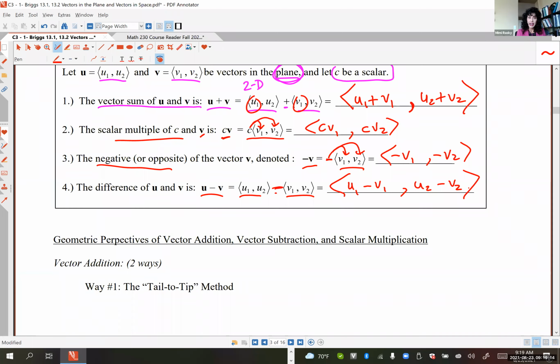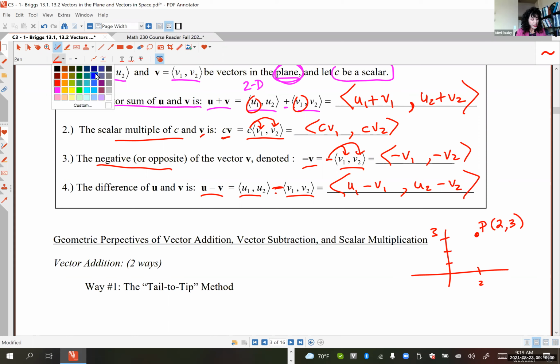Why is it confusing? Because in this class, the parentheses are going to be used to represent points. So if somebody wanted the point 2, 3, let me find the point 2, 3 right here. The point 2, 3 is denoted with parentheses, with the ordered pair. And that's very different from a vector. The vector with components 2, 3 that would be in standard position would look like this.